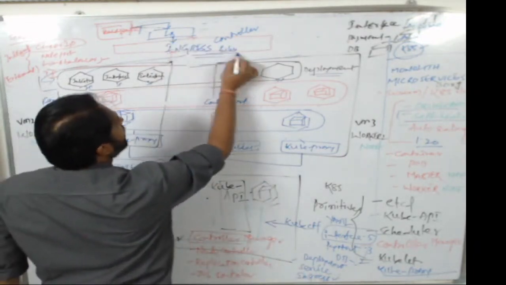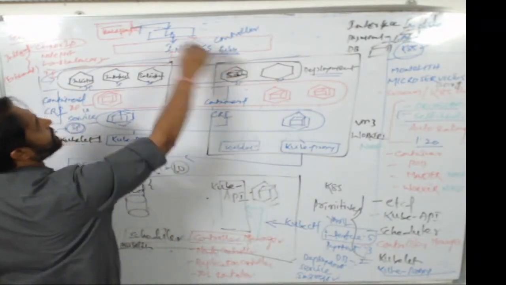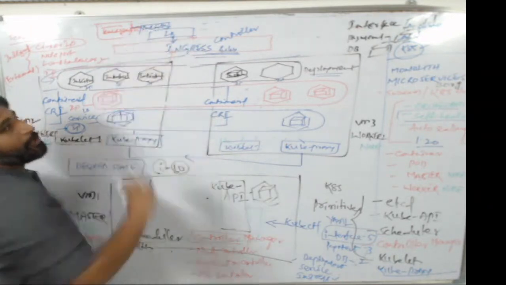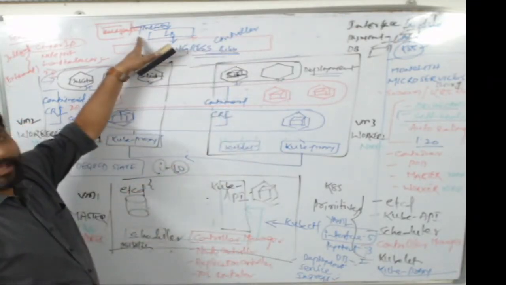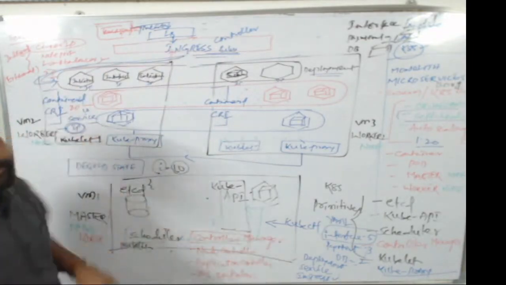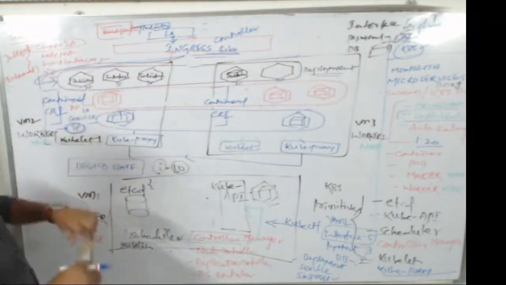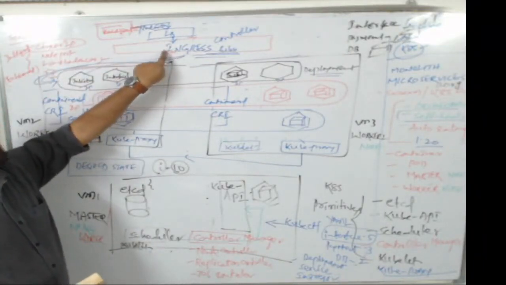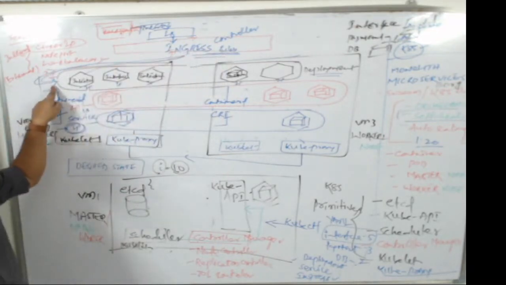The ingress controller looks at the ingress rule, and the ingress rule says, depending on the URL, let's say the URL is amazon.in/interface, if the URL is /interface, send it to the service IP of this department. So what is happening?